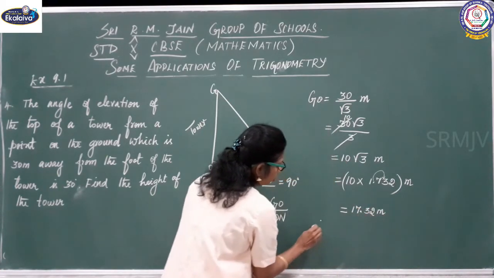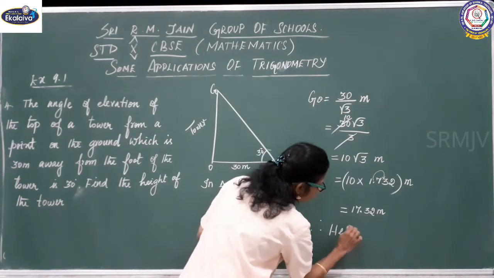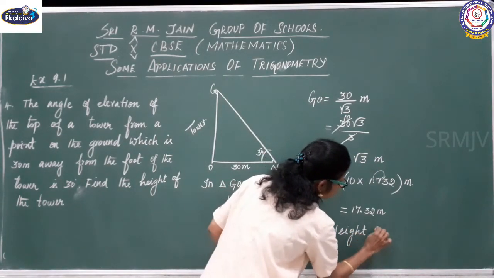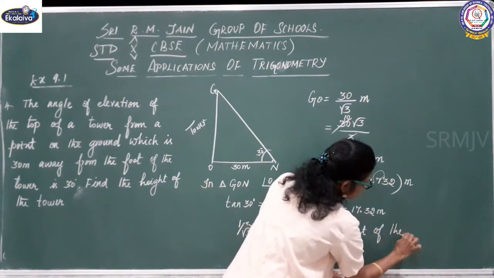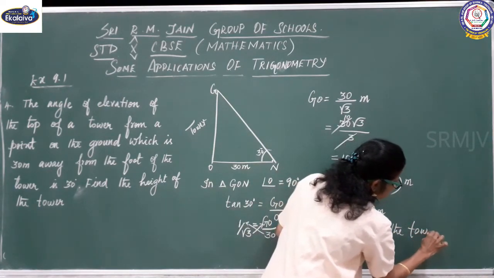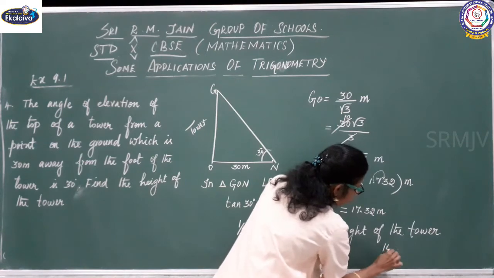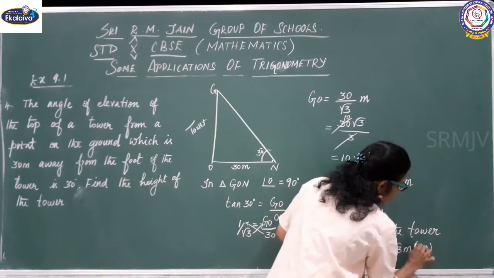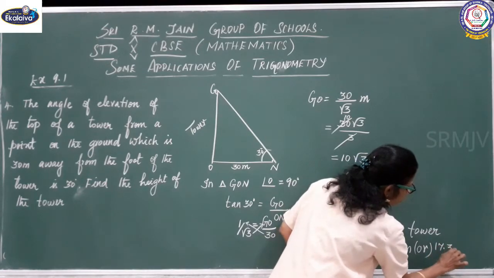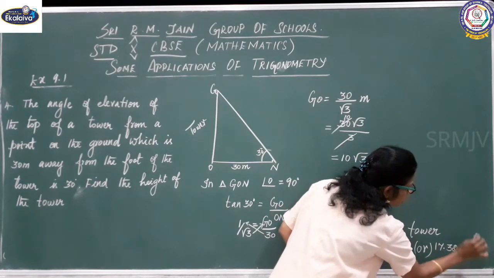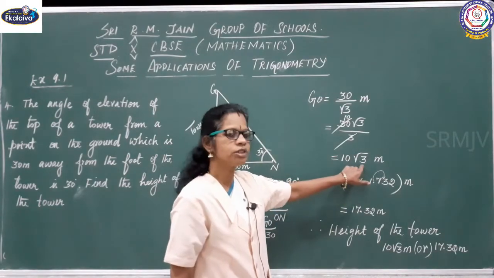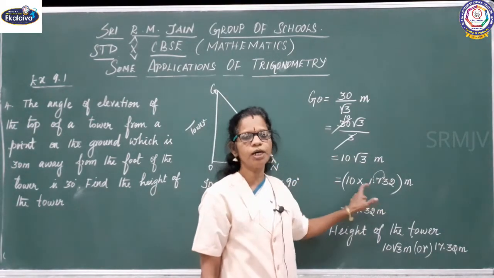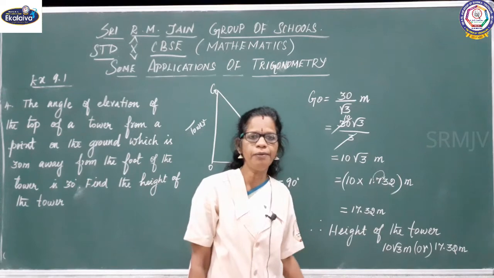Therefore, height of the tower equal to 10 root 3 meter, that is also correct, or 17.32 meter. Got it? If root 3 value is given, you have to substitute here and find out. Got it, children?